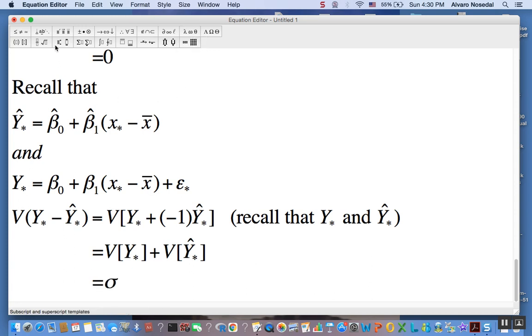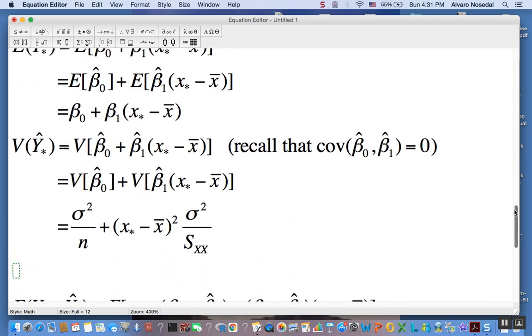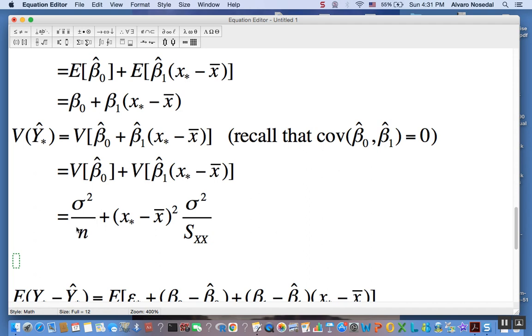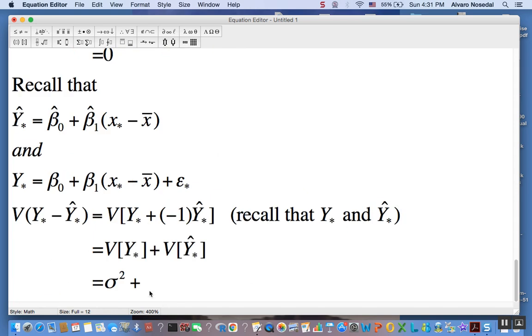Now we need the variance of y hat star, and we must have it somewhere right here.